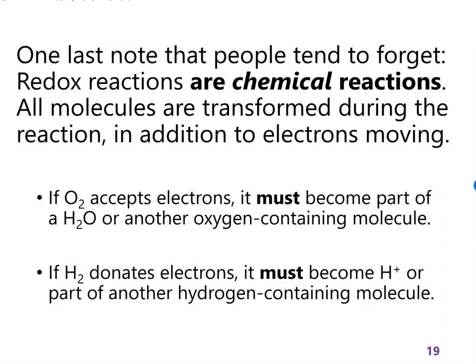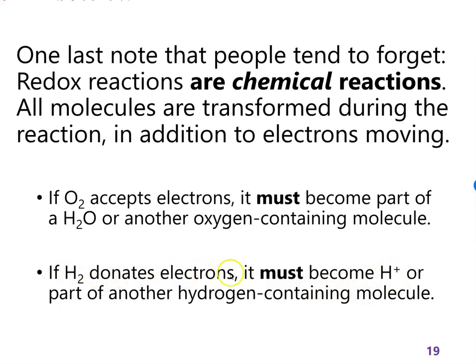But if you look at a diagram of the electron transport chain in humans, oxygen accepts the electrons and it becomes water. So it's actually combining with free protons to become water. And it must accept electrons for that to happen. And if hydrogen donates electrons, it must become a proton. That's a hydrogen nucleus, just one proton, which is often abbreviated H+.